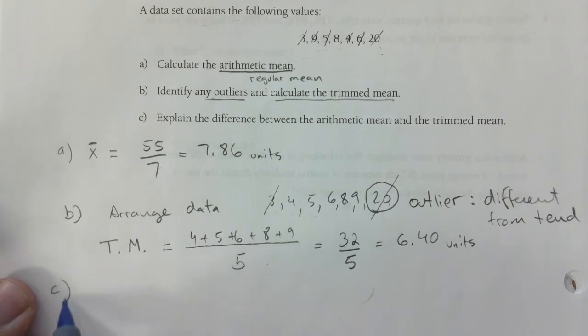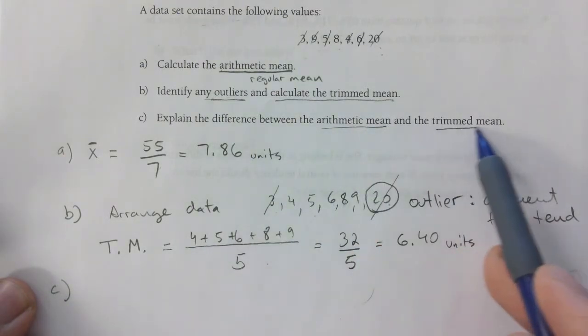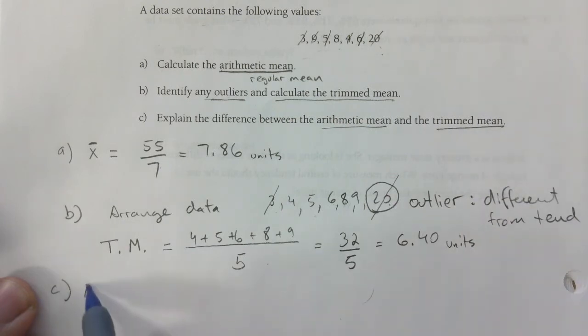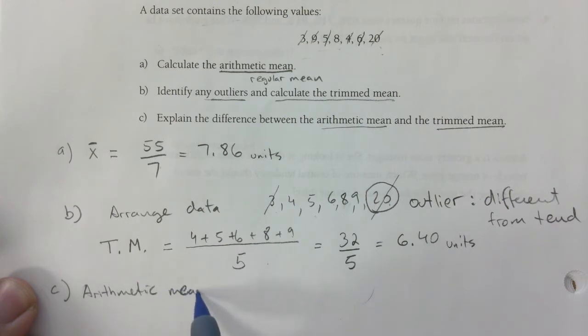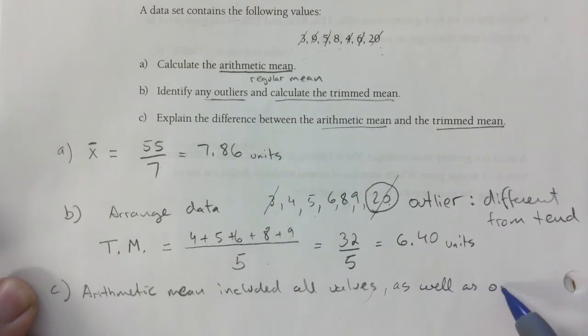C. Explain the difference between the arithmetic mean and the trimmed mean. Arithmetic mean included all values as well as outlier.